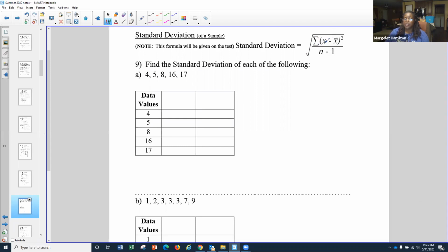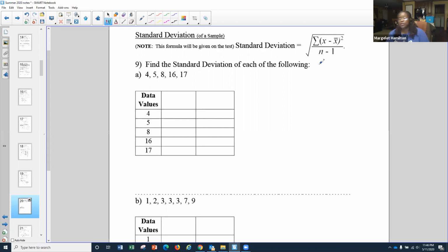Here it is, our data item, that x, minus the mean, we already talked about that. And then take that information and square it. And once you take that, you're going to take all those values and add them up. Then divide by n. We know n is the total number of our data items, minus 1.